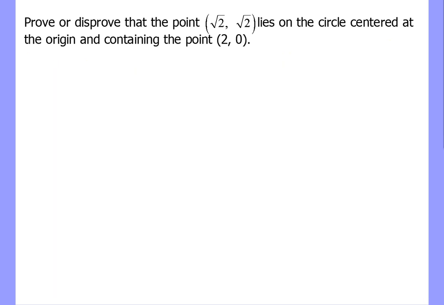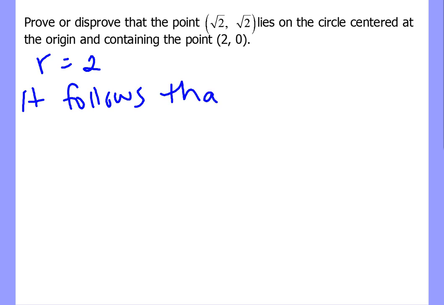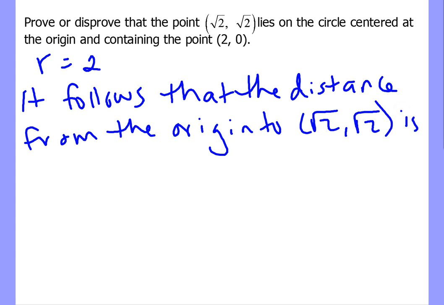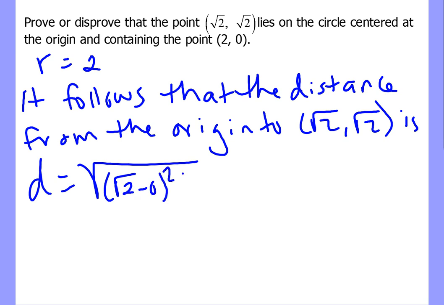Now that we know that the radius equals 2, I would say it follows that the distance from the origin to root 2 is d equals the square root of root 2 minus 0 squared plus root 2 minus 0 squared.